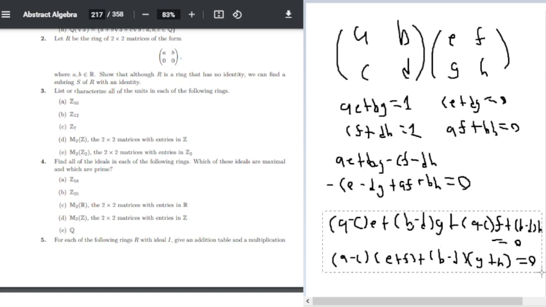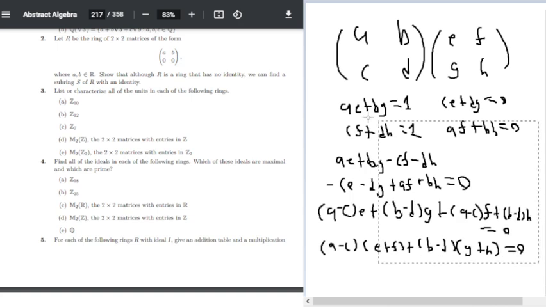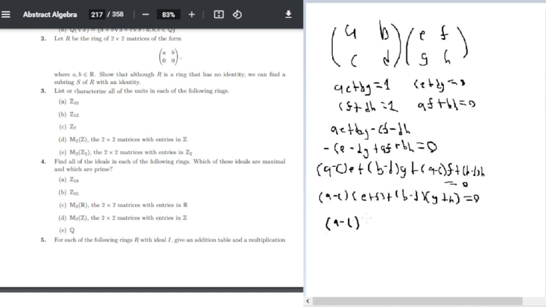And this gets us that A minus C times E plus F is equal to D minus B times G plus H.